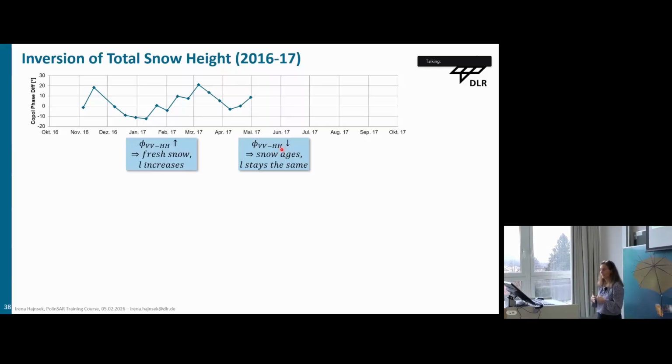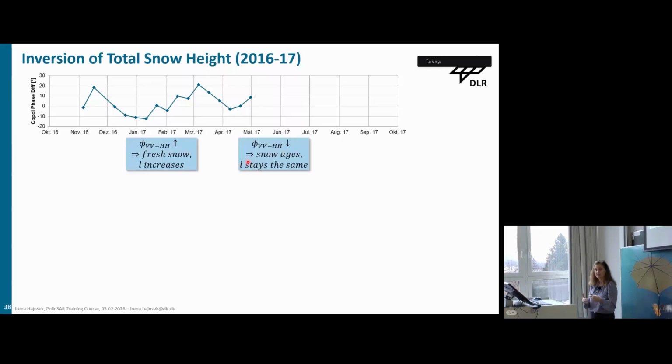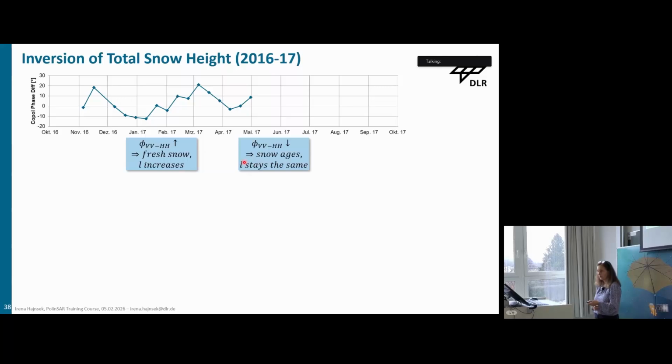This is what we have seen on the ground-based measurements, which means that the depth is not changing in this case, right? We have still the same snow pack in terms of depths, but what is changing is in principle the age. So this needs to be accounted for when you always look at this copol phase difference.